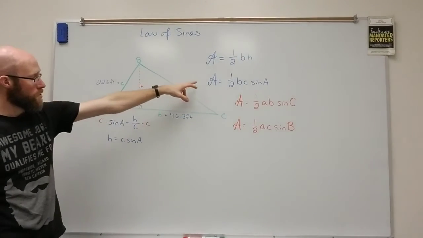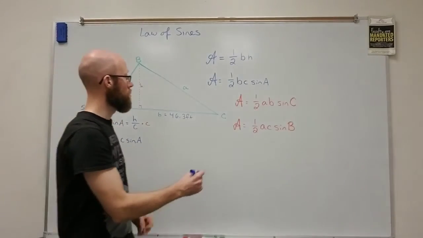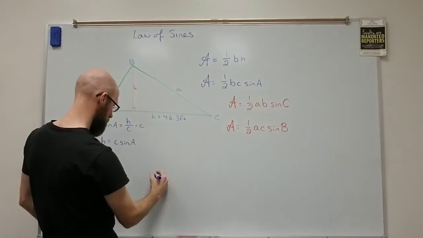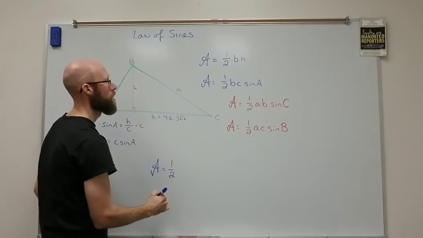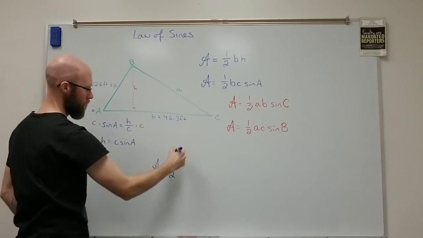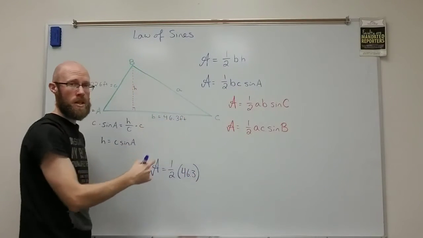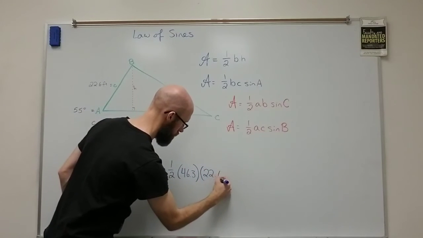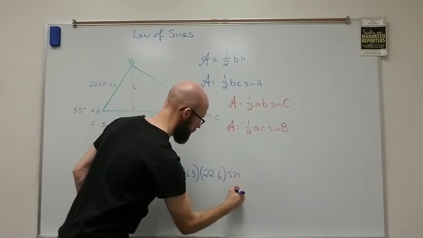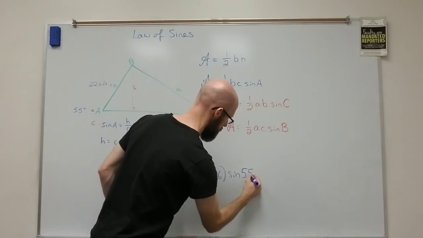So then I'm going to use this first formula and just plug stuff in as needed. I have the area equals 1/2 my side B, which is 46.3, times side C, which is 22.6, times the sine of angle A, which is 55 degrees.